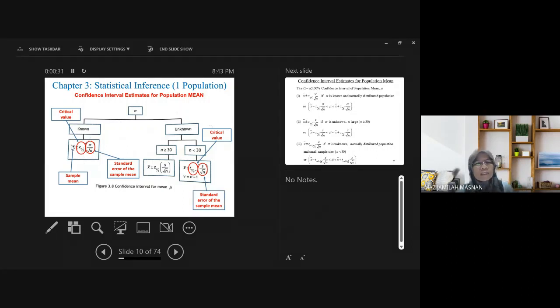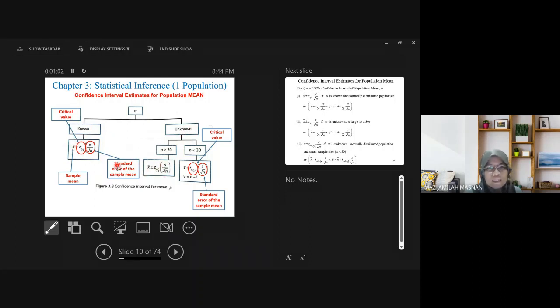If I'm not mistaken, it's under the two population. So you have to be very careful. For this case, if sigma is unknown and n is greater than 30, we still use Z. See clearly here, we use Z. And when n is less than 30 and sigma is unknown, definitely we have to use T. So there are conditions where sigma is known or unknown, you still have to use the Z distribution.